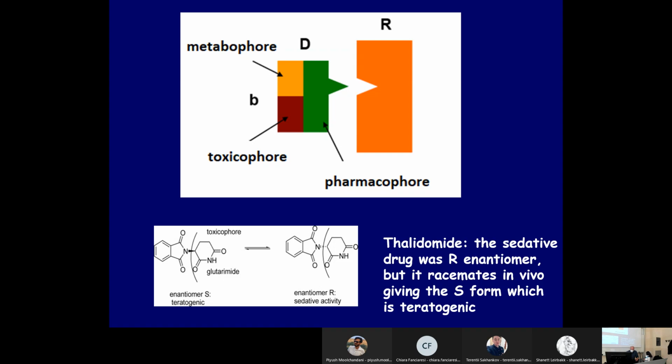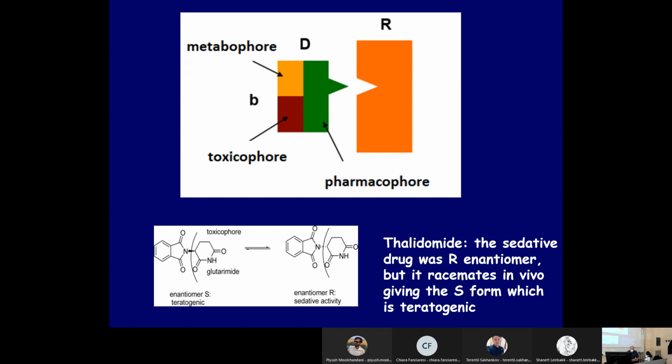But in vivo, this carbon atom can be modified, you see, and we can get the S enantiomer by our metabolism. And the S enantiomer is teratogenic. The S enantiomer was responsible for children born without arms.